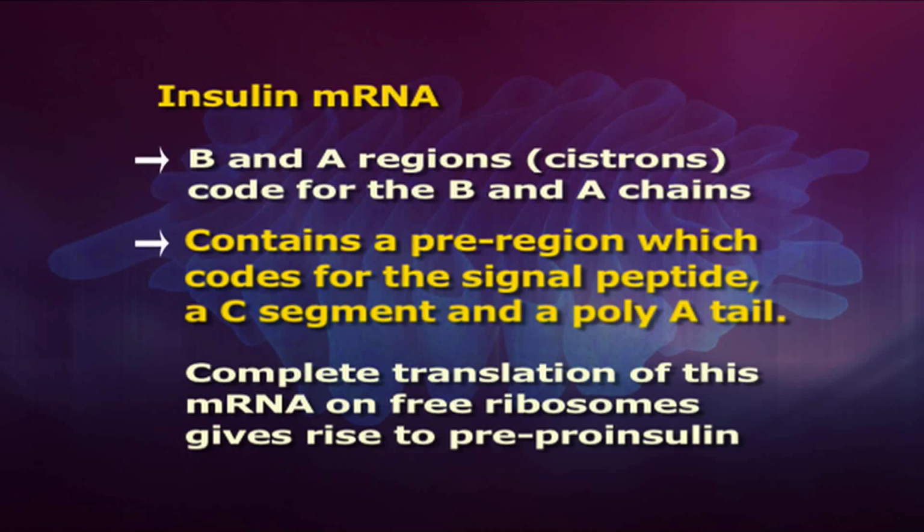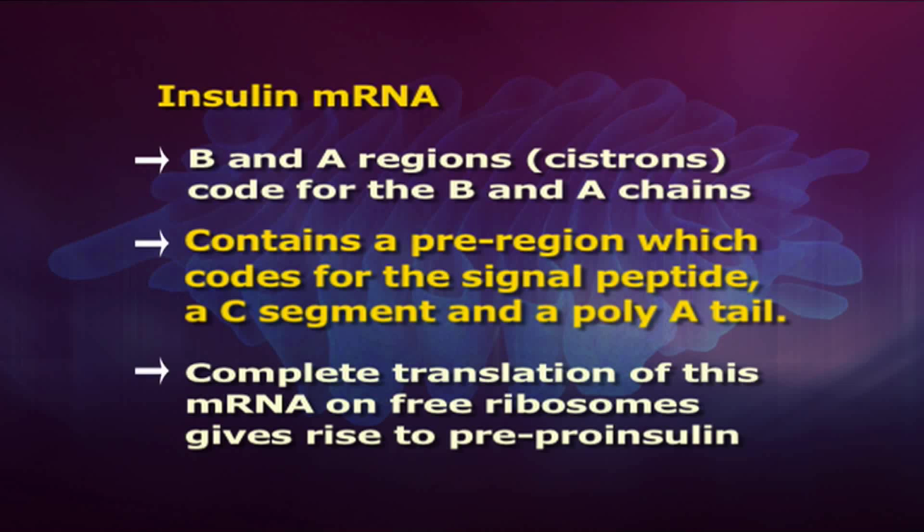In addition, the mRNA contains a pre-region which codes for the signal peptide, a C segment, that is a connecting segment, and a poly A tail. This mRNA contains information coding for a polypeptide chain of 330 amino acids.